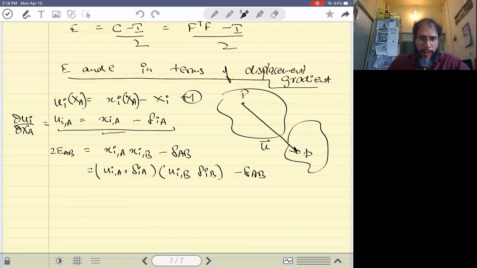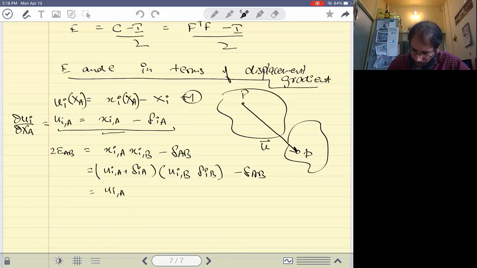The aim here is to get rid of our F tensor, or x i comma A and x i comma B, and write things in terms of the gradients of our displacement vector u. That's the only thing we want to do here.